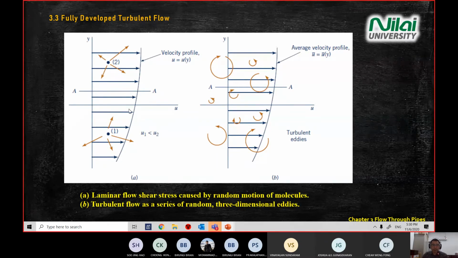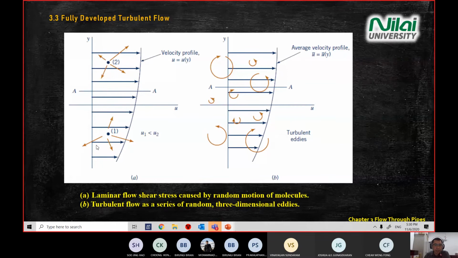This graph is about U, the velocity, on the x-axis, and Y is your R. If you look at the left-hand side diagram, I did not give this one to you because it's just an illustration of what happens in laminar and turbulent flow.